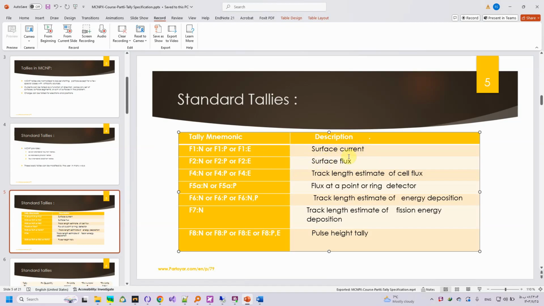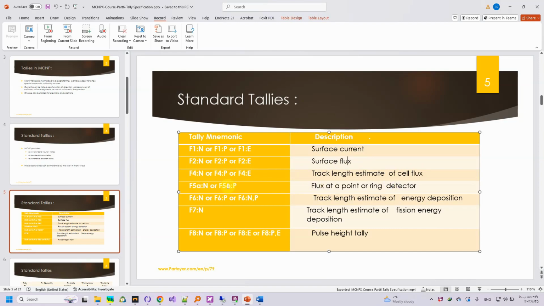There's a difference between flux and current. In current, we have information about direction, and in flux, we just have the amount. Here we don't have any information about the direction of the transport. F4 is a track length estimate, or cell flux, or volume flux. F5 has two different types, a ring detector or a point detector.